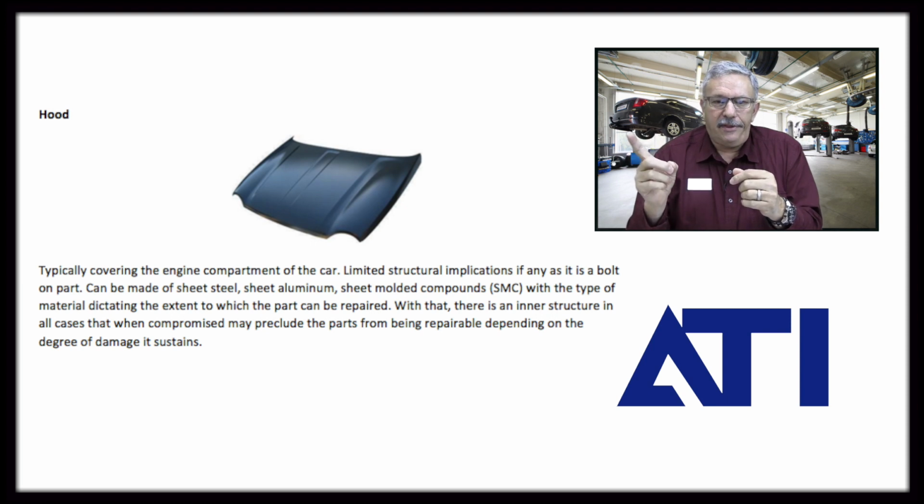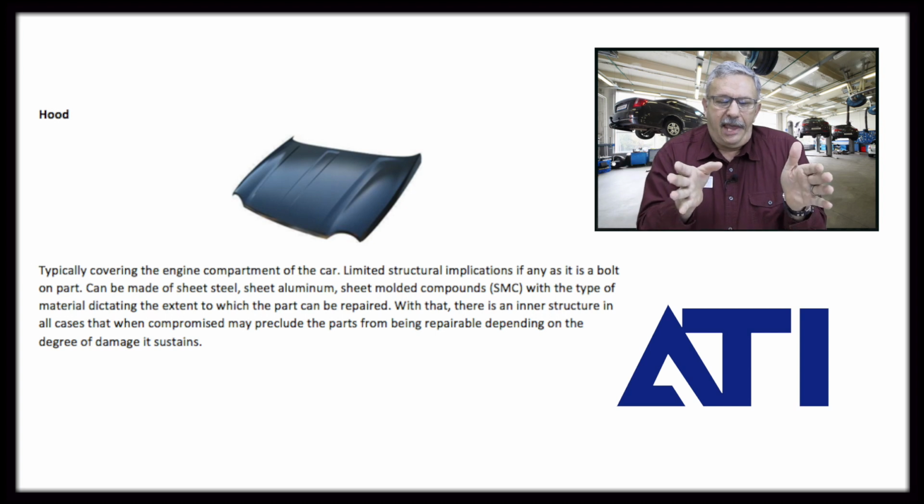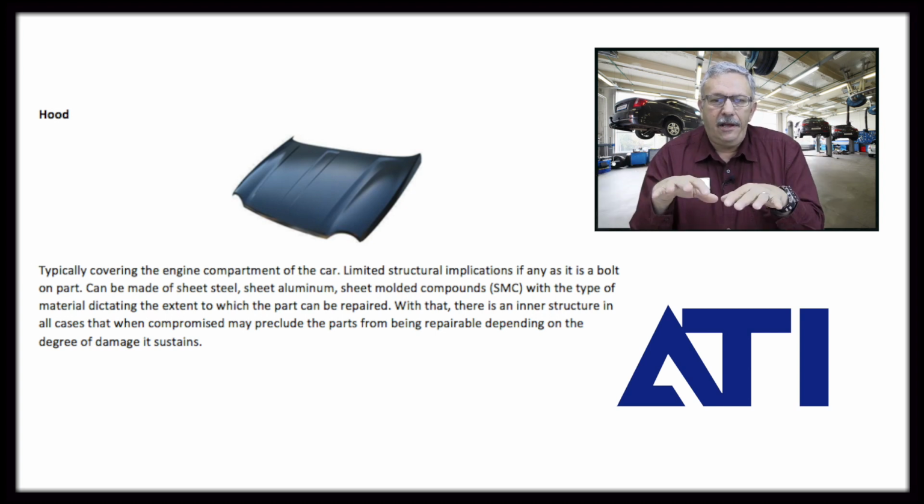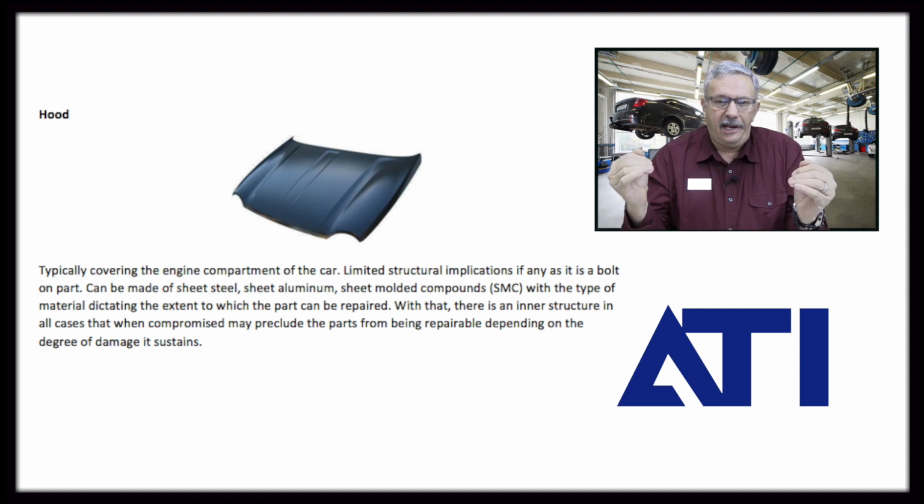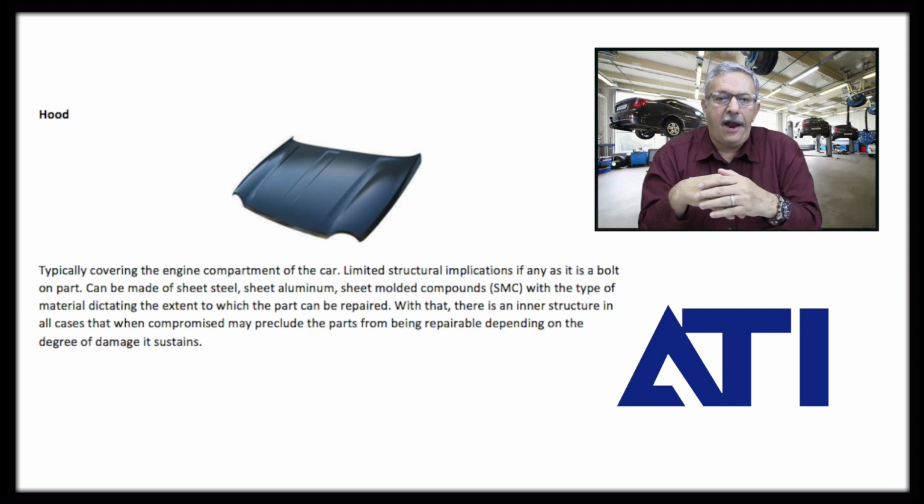Now here's the important thing. Back in the late 80s, you could have either an aluminum hood or a steel hood application for the same vehicle. Huge difference in the hinges that you would use. Why? Because if the hood is hit and you don't use the right hinges, it will allow the hood to travel back into the driver's compartment through the windshield.